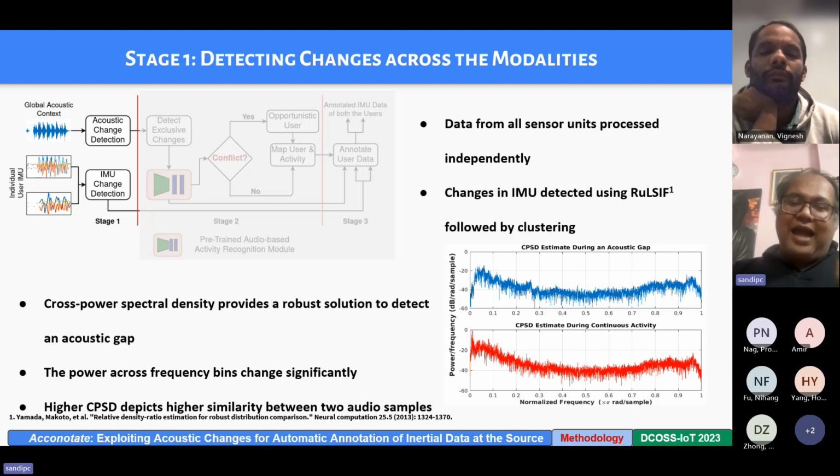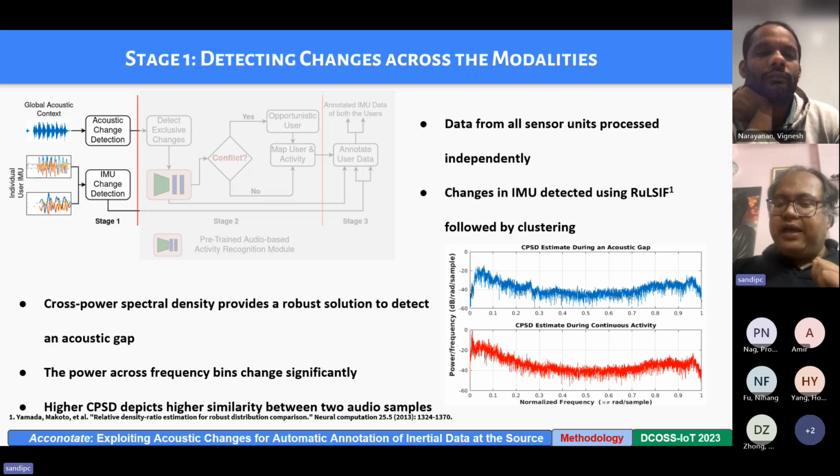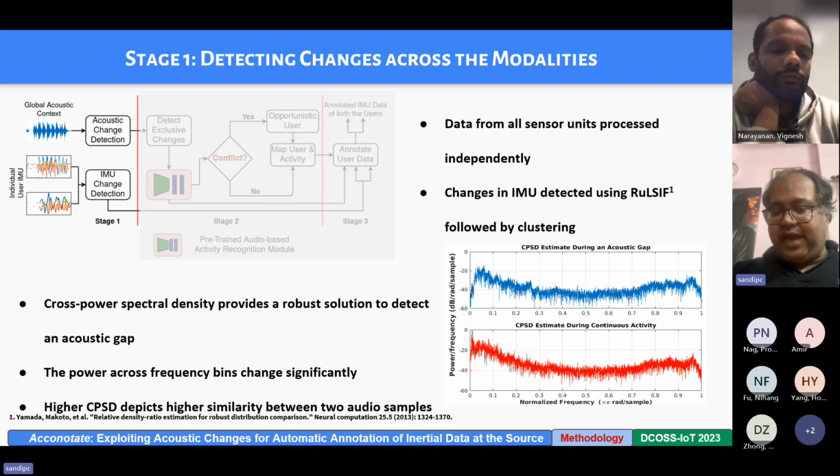In the acoustic signature, we apply signal processing techniques on the acoustic signal. Basically, we capture the cross power spectral density from the acoustic signal, which provides a robust solution to detect the acoustic gap.